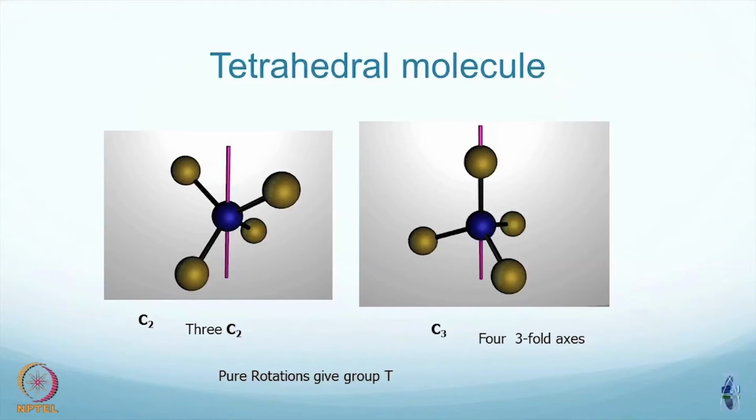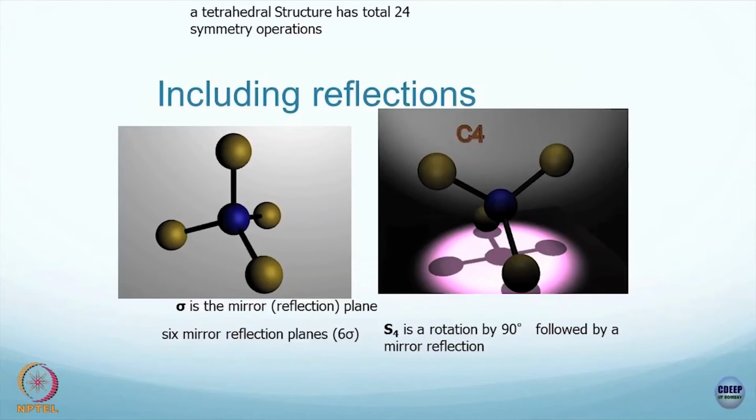Oops, I thought the animation would come here. It won't. I had the animation also. Unfortunately, it is not coming here. Okay. So, some of these molecules have these rotoreflections. Rotoreflection is S4, and especially this methane molecule has an extended symmetry which involves sigma planes, mirror planes.